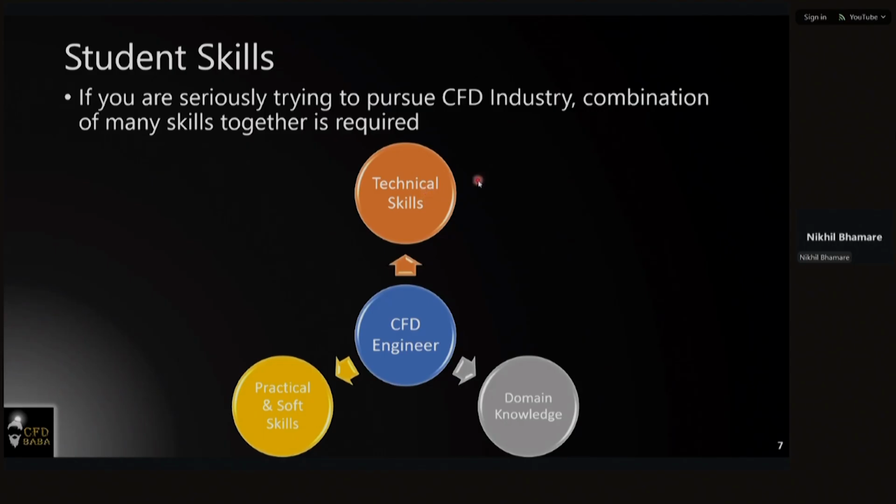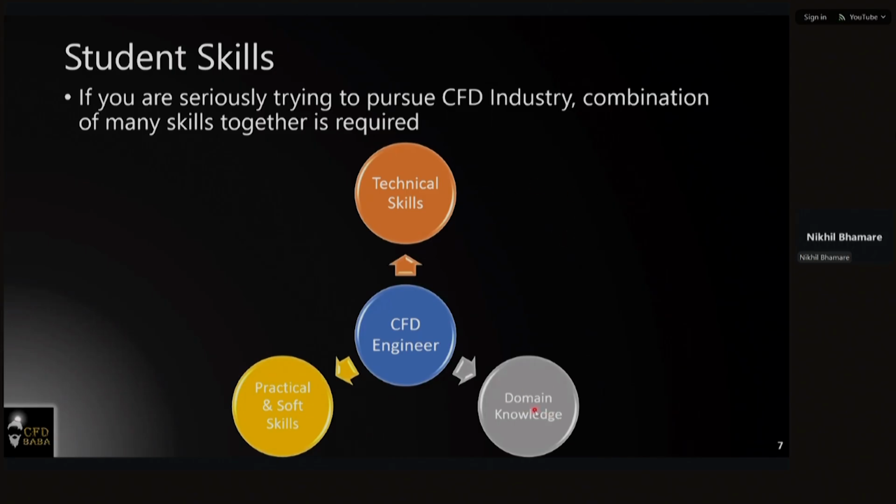In technical skills, you need to have knowledge of the tool which you are using. The CFD tool can be anything, it can be any software, but you need to have hands-on practice with the tool. You need to be able to clean the CAD model, mesh it properly, set up the right boundary conditions, and monitor convergence.